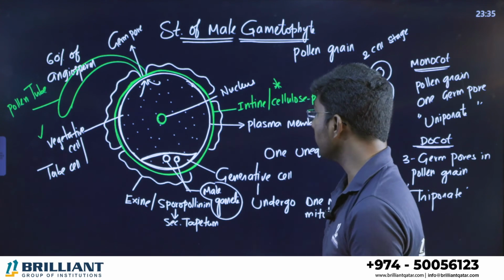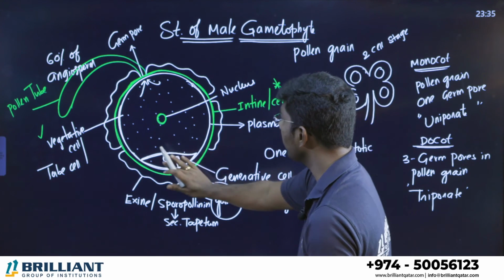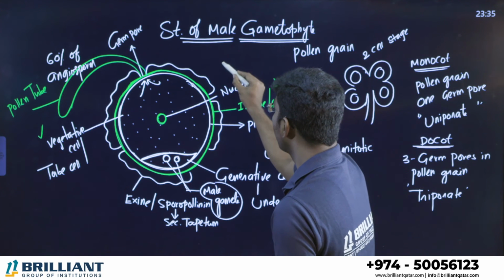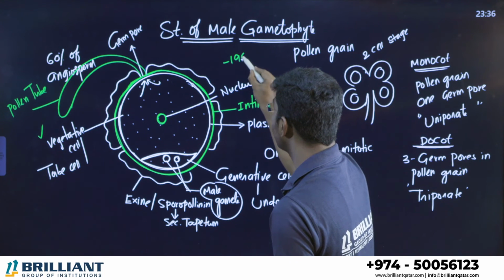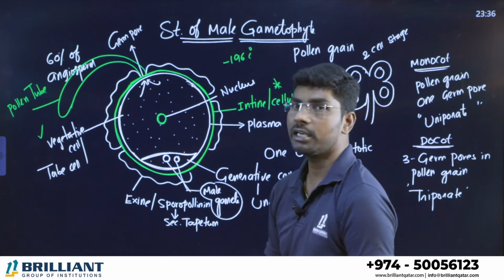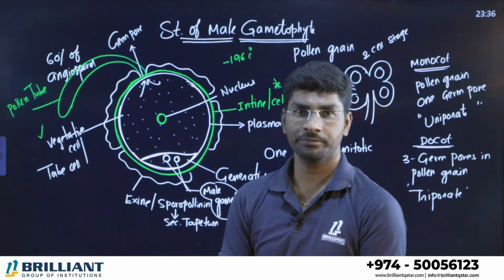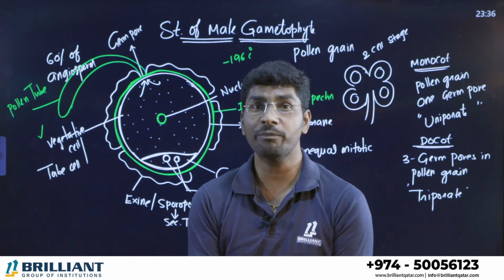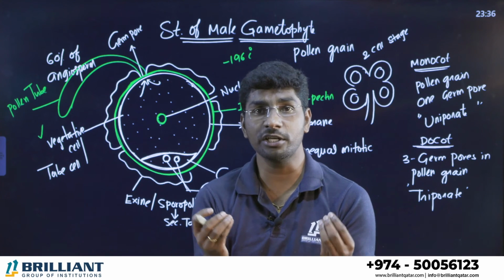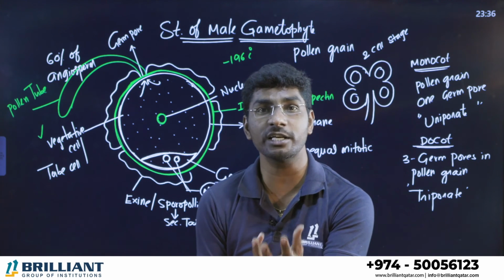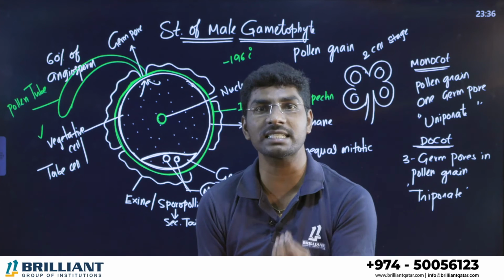A few more important points about pollen grains. Pollen grains can be preserved; we can store them at minus 190 degrees Celsius in a liquid nitrogen medium. For a long period of time they will not be destroyed because sporopollenin is there, a highly resistant substance.